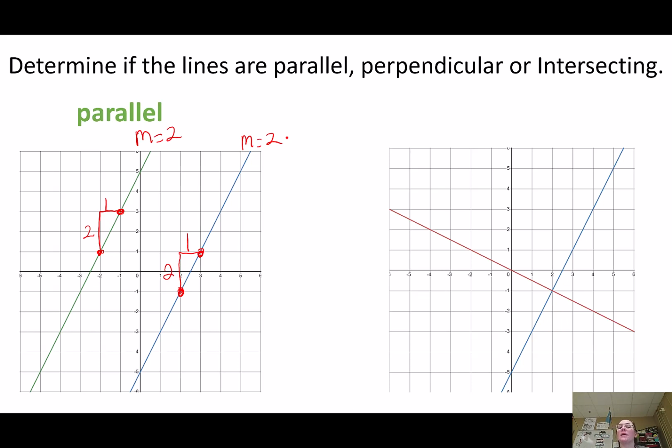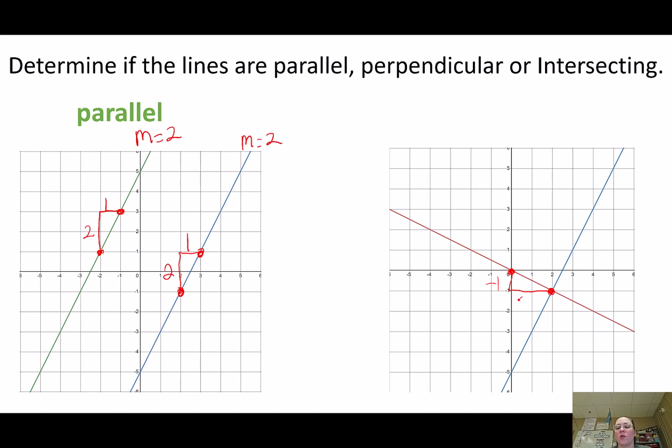Okay, 2 lines that intersect, you have to check their slopes before you say yes, they're parallel, or yes, they're perpendicular, because perpendicular means they have opposite reciprocal slopes. So looking at the red line, I'm going to pick 2 points. One happens to be where they're crossing. So I'm going to go down 1 and right 2.